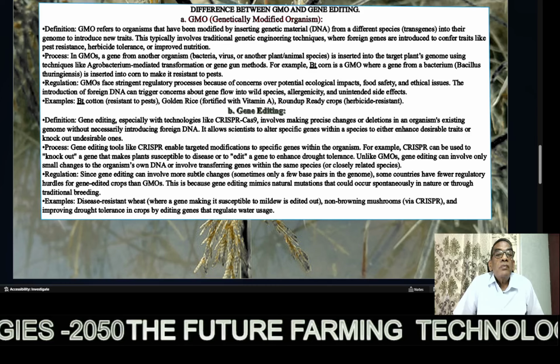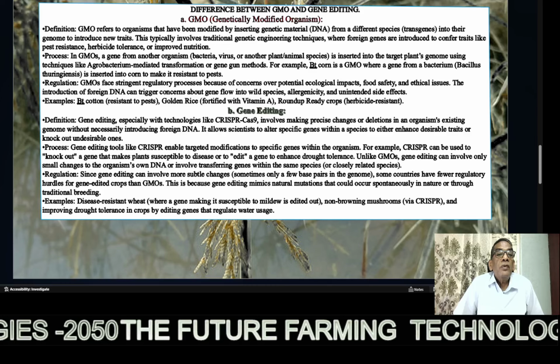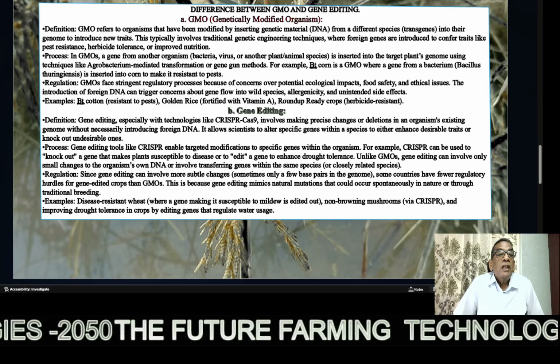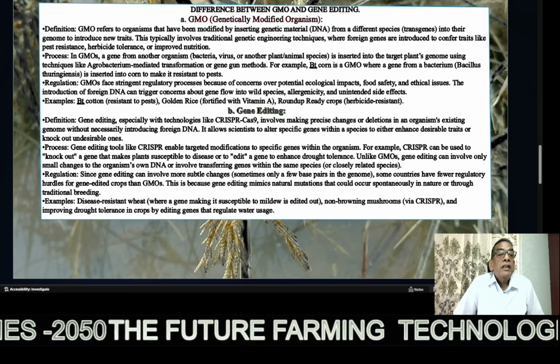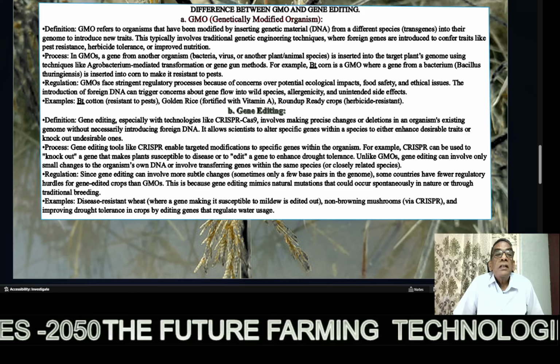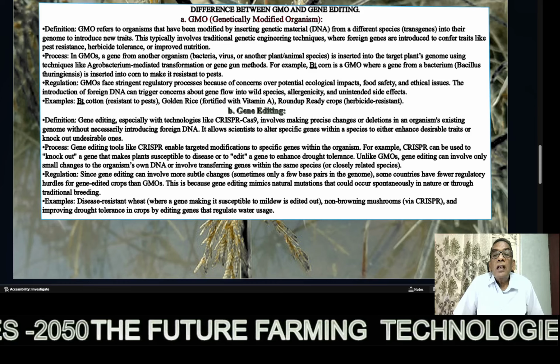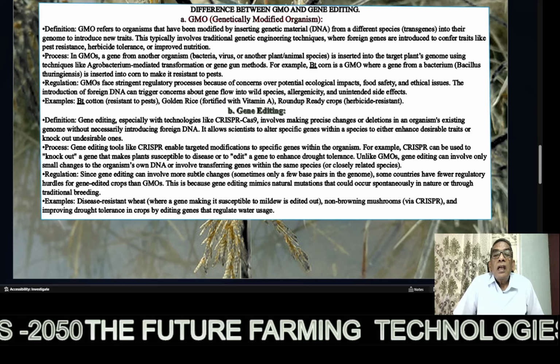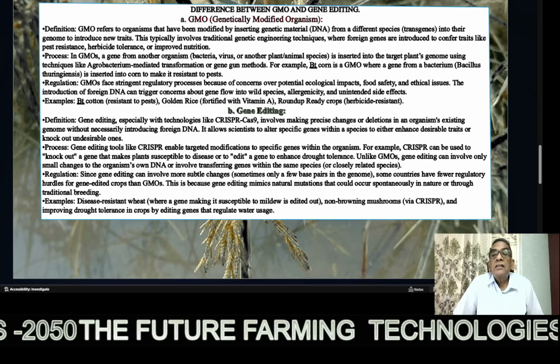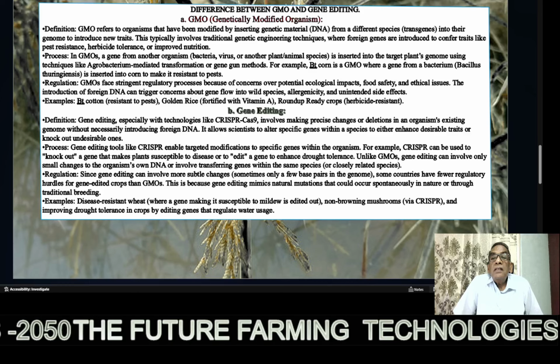For example, Bt corn is a GMO, genetically modified, where a gene from a bacterium, Bacillus thuringiensis, is inserted into corn to make it resistant to pests. What is the regulation?